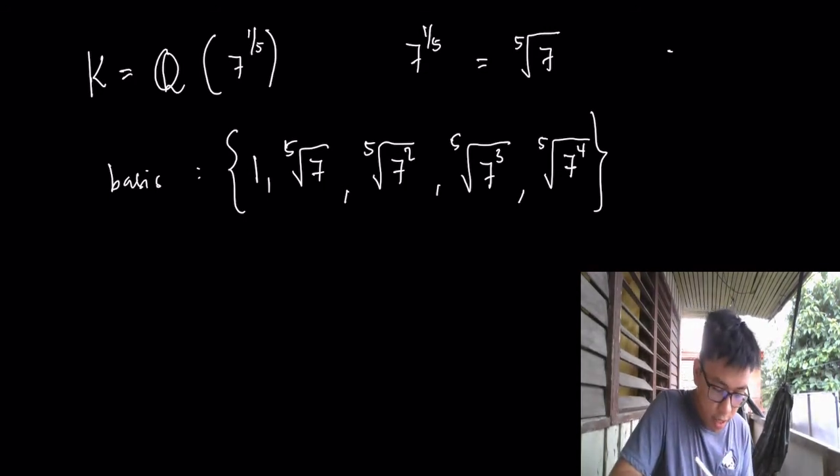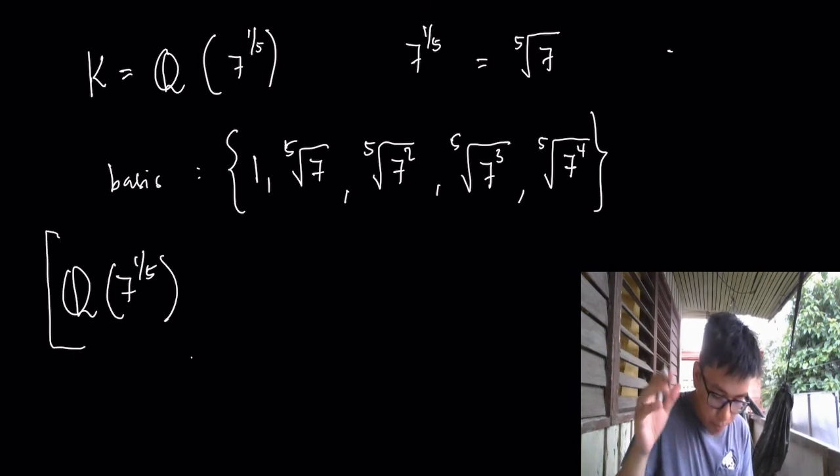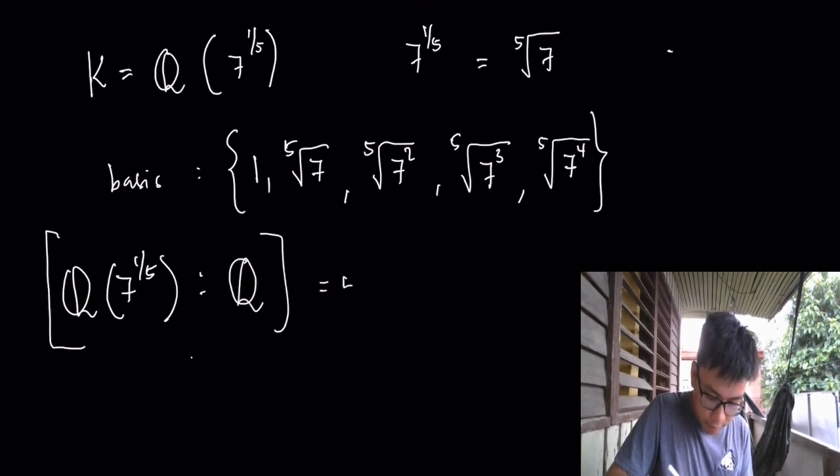So which means to say that the degree of Q of 7 to the 1/5 over Q is actually 5.